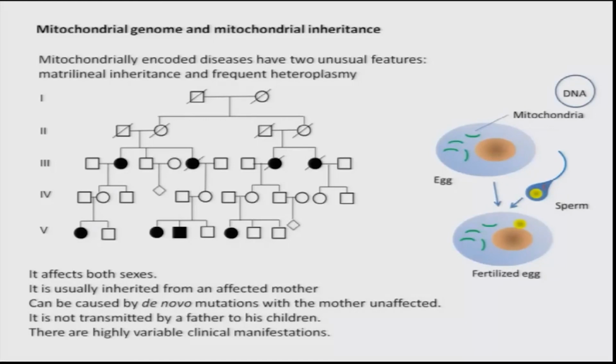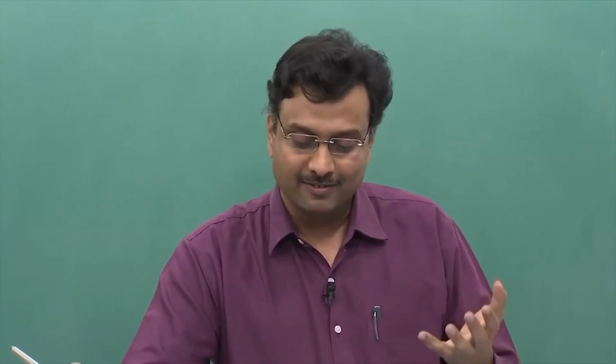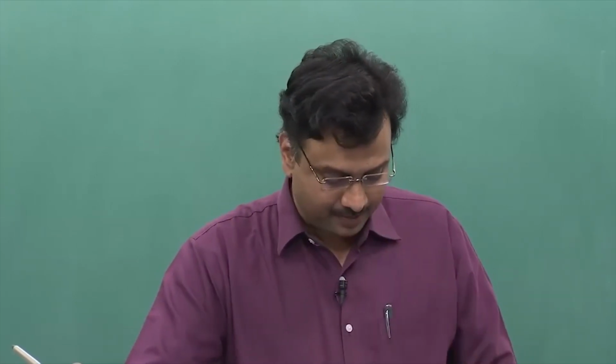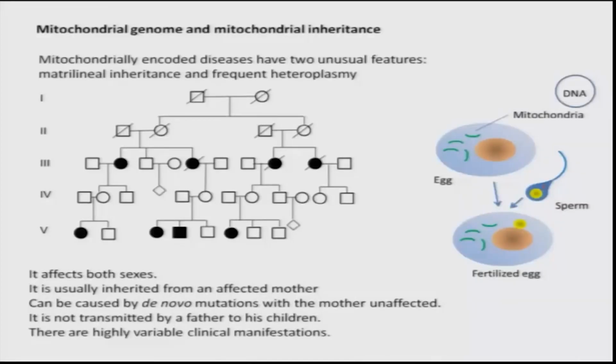It affects both sexes, because the mother contributes to both male and female. The egg is anyway given by the mother, and whether it develops into a male or female depends on the sperm, but the sperm does not contribute to the mitochondrial DNA. It is usually inherited from an affected mother.